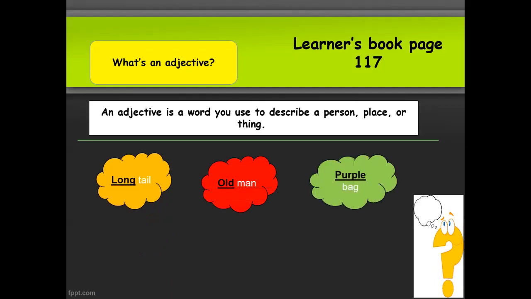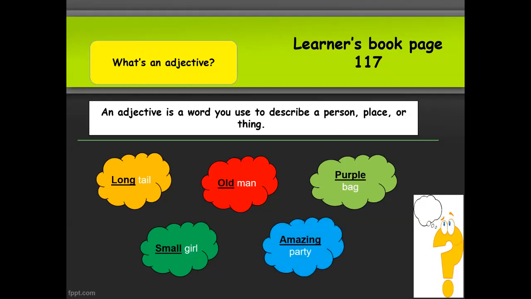Purple bag. Here, I'm describing the color of this bag. Small girl. Here, I'm giving you information and I'm telling you the size of this girl. The last one, amazing party. Here, I'm giving you my opinion and I'm telling you what I think of this party.